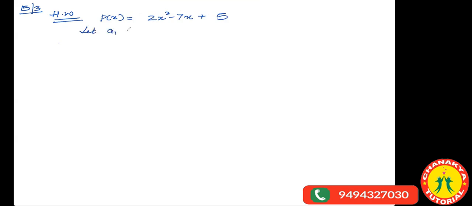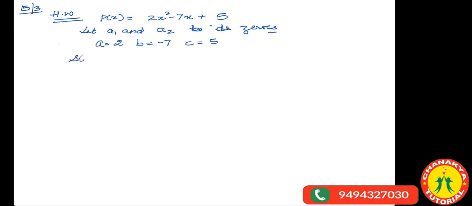So let a1 and a2 be its two zeros. Now instead of alpha and beta, they have given us a1 and a2. First of all, write the values of a, b and c. Value of a is 2, value of b is minus 7 and value of c is 5.